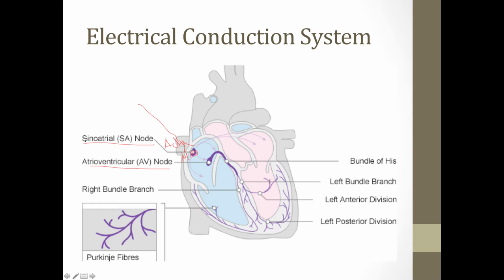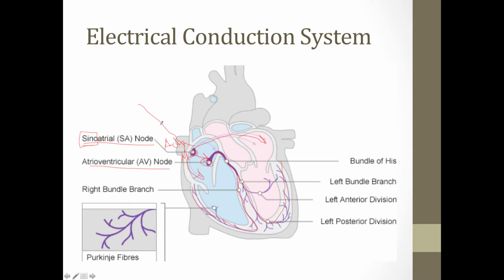We call a normal heart rate a sinus rhythm because the sinoatrial node should control resting heart rate. Once that hits there, we'll see this wave of contraction spreading through the atria, and then also spreading down to the next node, the AV node, which can then be excited, and then spread that wave of excitation all the way down the bundle of His, the right and left bundle branches, and then up through the Purkinje fibers.